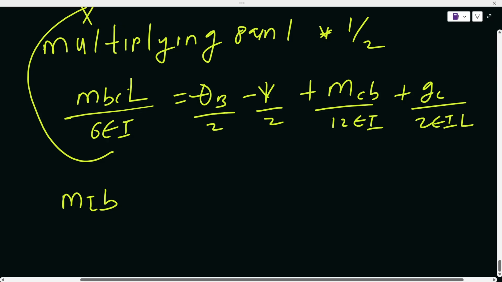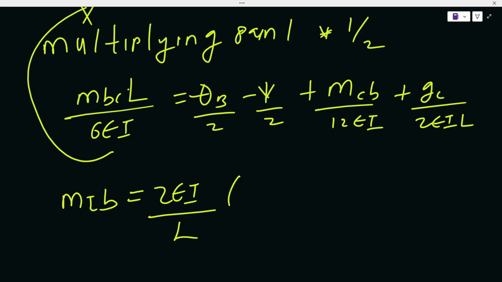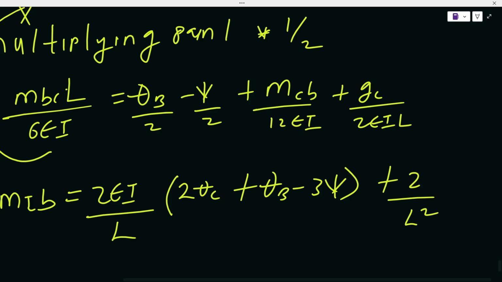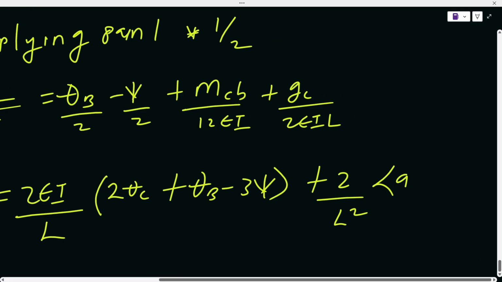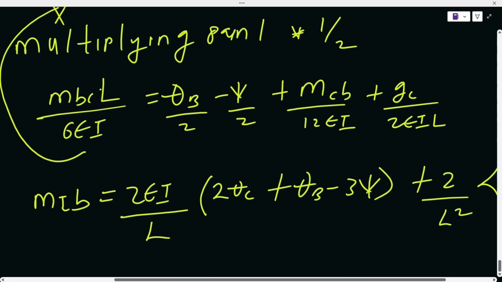So we can make MCB the subject of the formula. Then you have 2EI over L open brackets 2 theta C plus theta B minus 3 times chord rotation, plus 2 over L square, GC is the moment of area about C due to external load, and that of B.